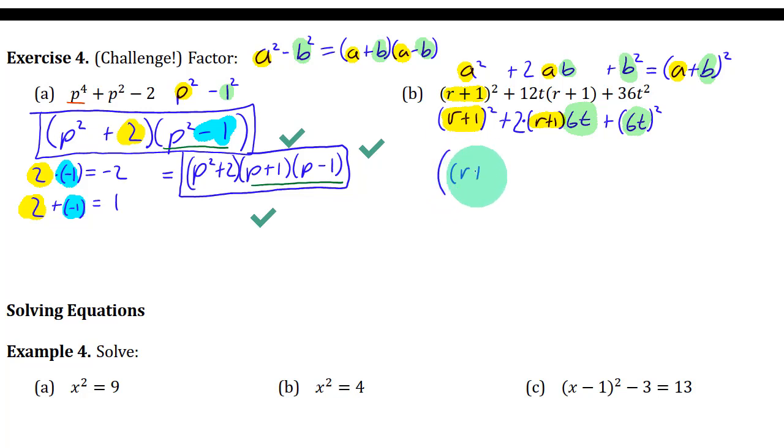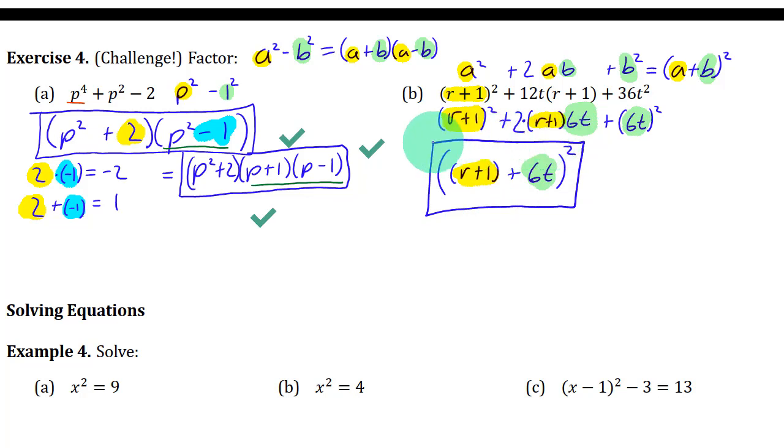Is r plus 1 plus b, in these parentheses is going to be plus 6t, and all of that squared. And that is actually the right answer to that. So if you got that, that's a pretty difficult one.